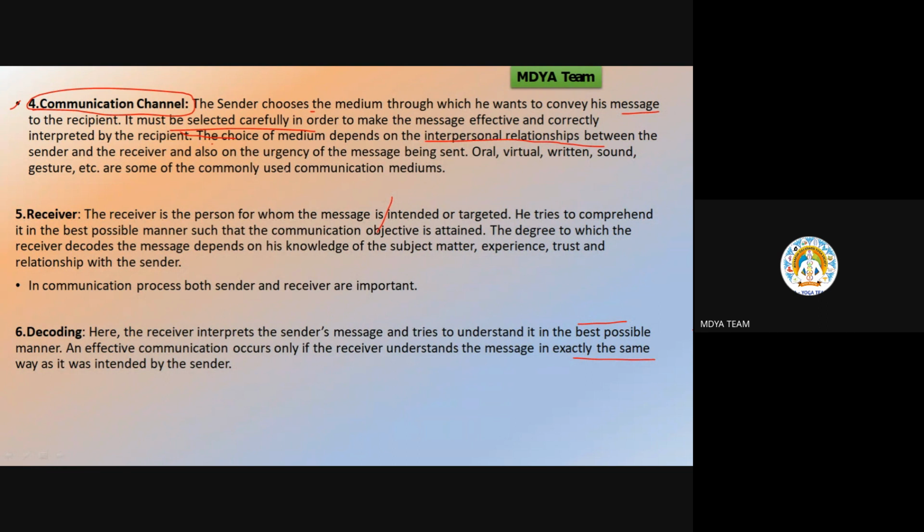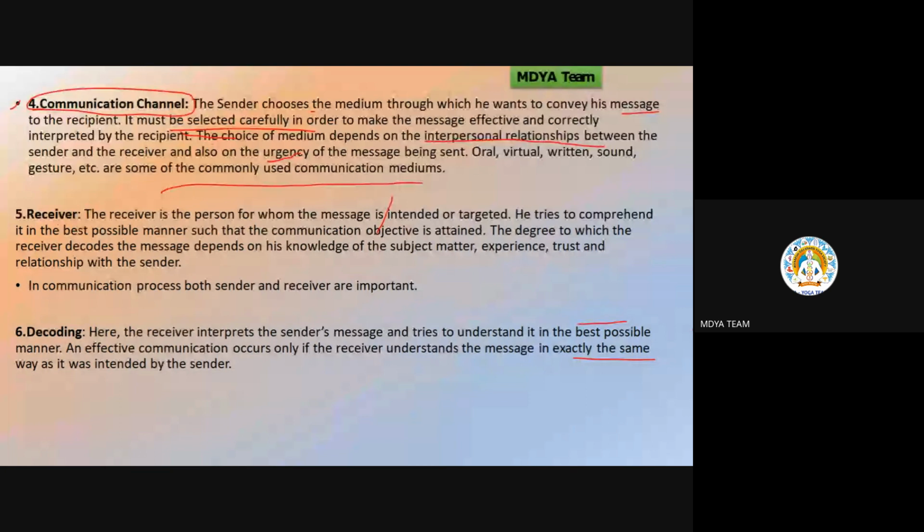This impacts the channel that we are using. Oral, visual, written, sound, gesture, etc. are the commonly used communication mediums.